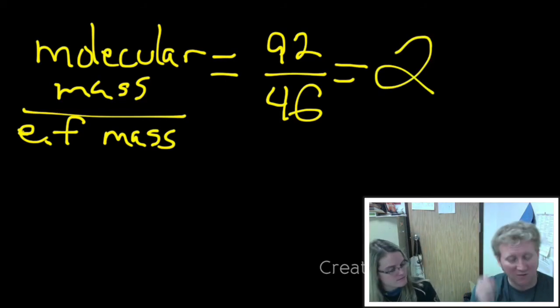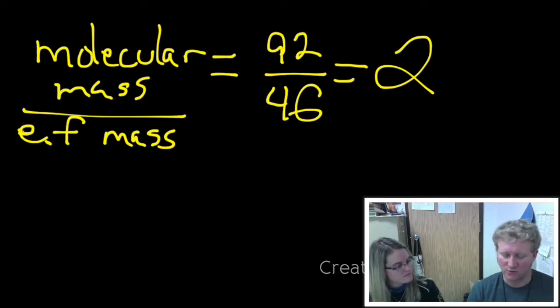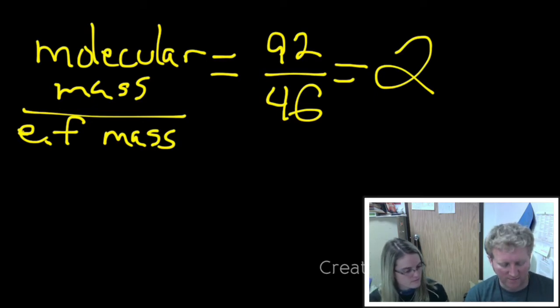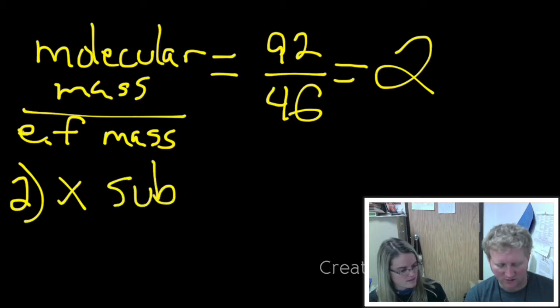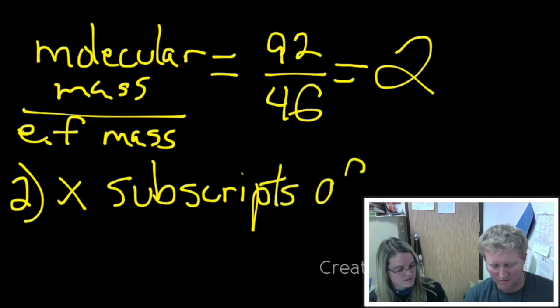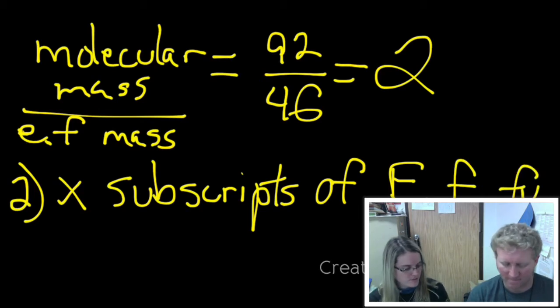So this number is going to be similar to the molar ratio. So what we want to do is take this number 2 and multiply the subscripts of the empirical formula. So since it was NO2, I just double everything?